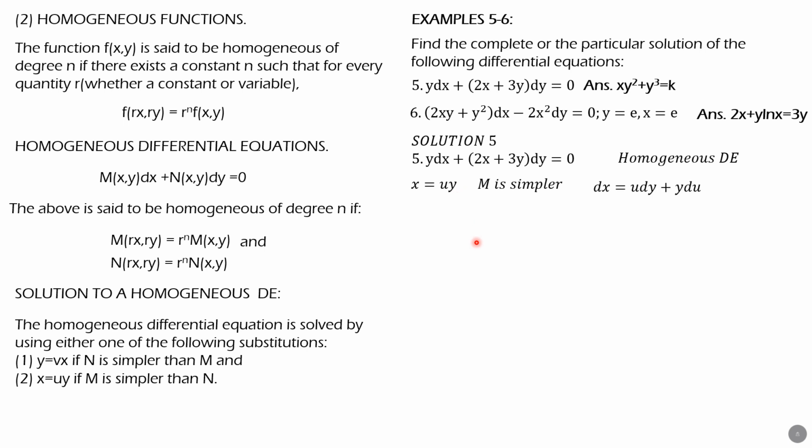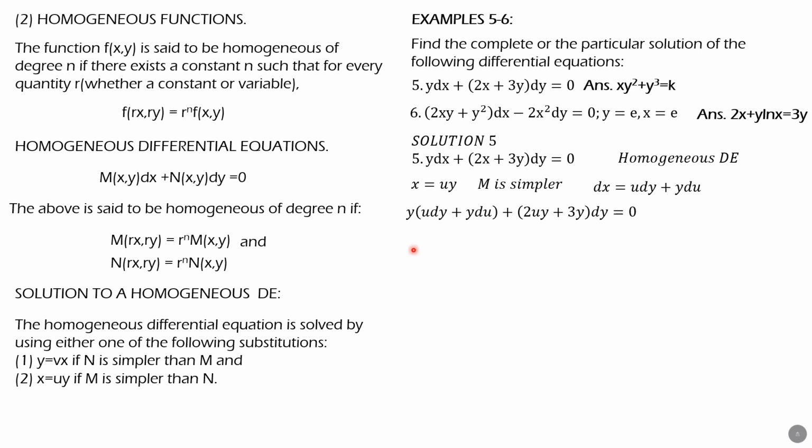Then we substitute here: y, then times dx, and dx is u dy plus y du, then plus 2x, where x is uy, then y is retained, dy equals 0.